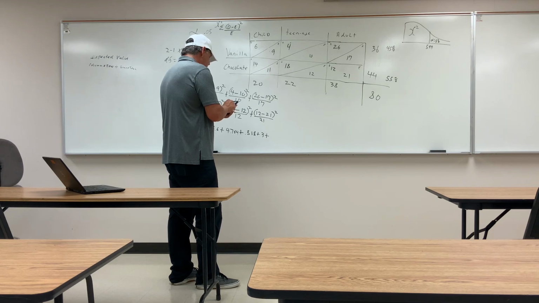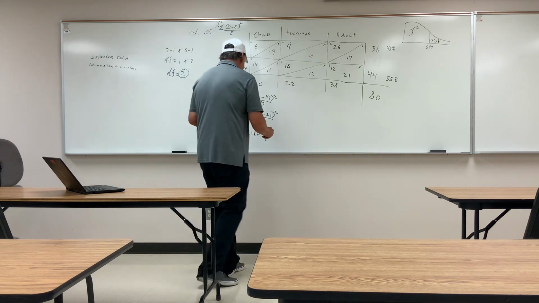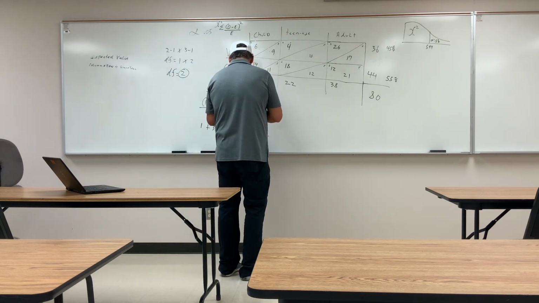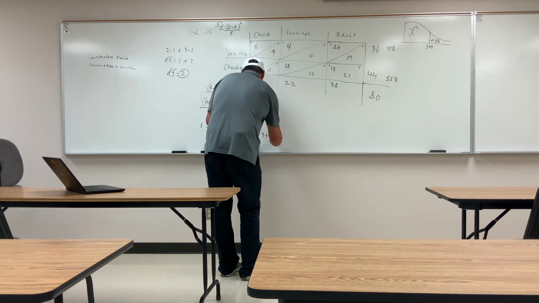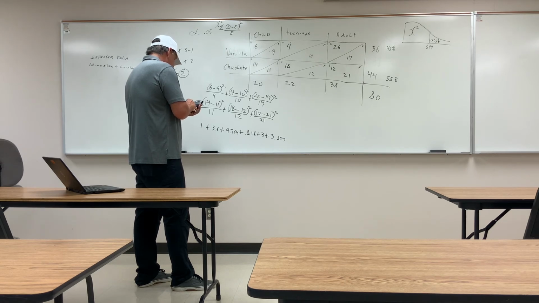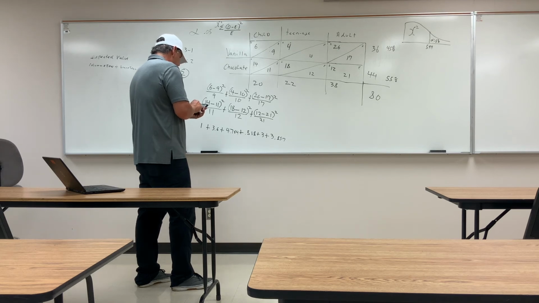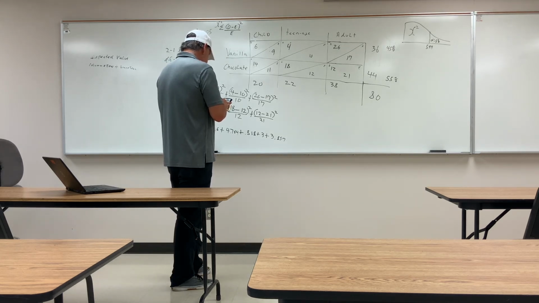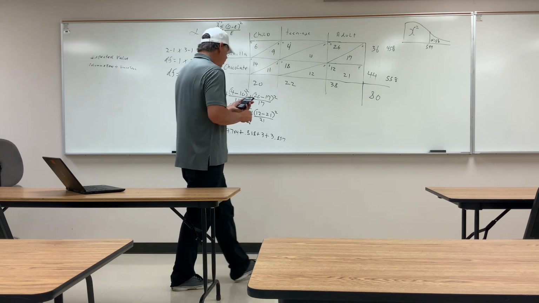We're going to square that, and it's going to be 81. 9 squared is 81, divided by 21, 3.857. Now all we got to do is add all that up. So I got 1 plus 3.6 plus 4.764 plus 0.818 plus 3 plus 3.857 equals 17.0.